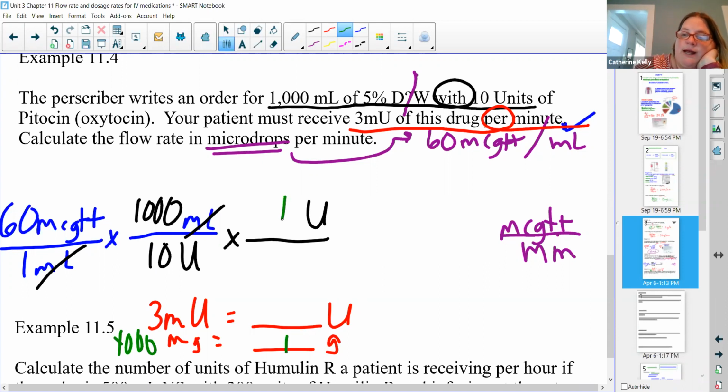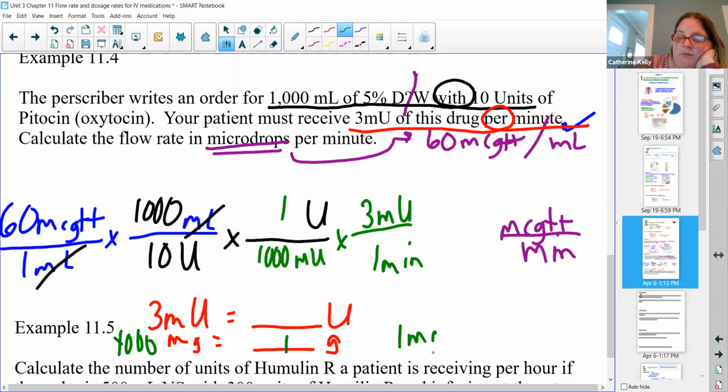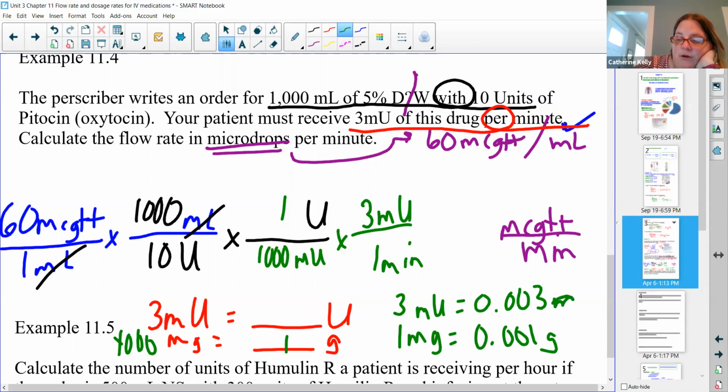So I can say 1 unit has 1,000 milliunits, and then I can use 3 milliunits for 1 minute. So I can also say that 1 milligram is 0.001 gram. So I can use the fact that 3 milliunits would be 0.003 units.